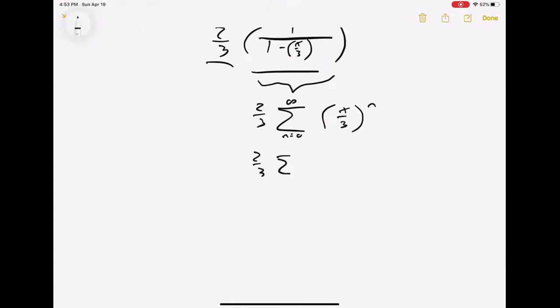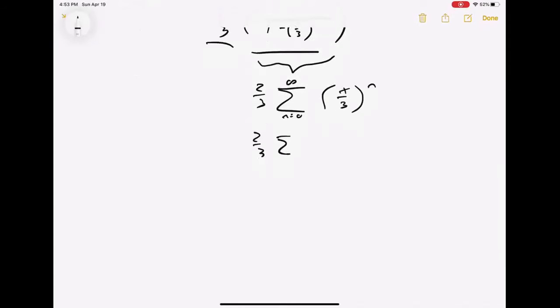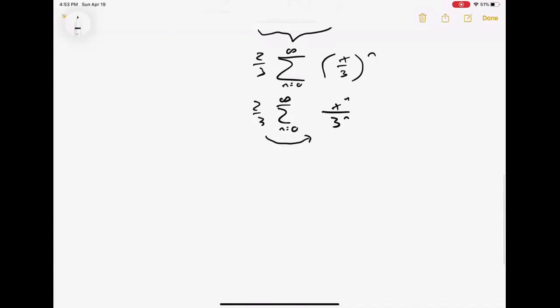Let's again split up the stuff inside our power series as much as possible, and if I have stuff outside my power series, I want to try and bring it in. Let's do this step by step. I have 2 over 3, times x to the n over 3 to the n.